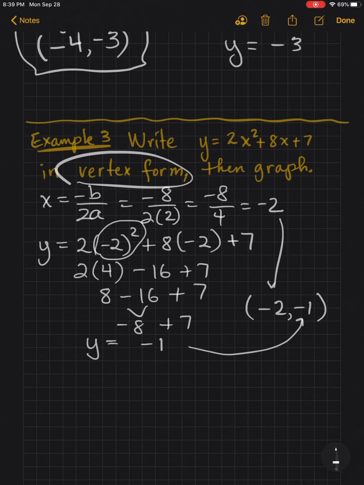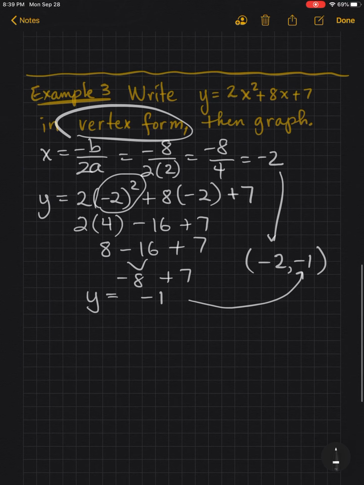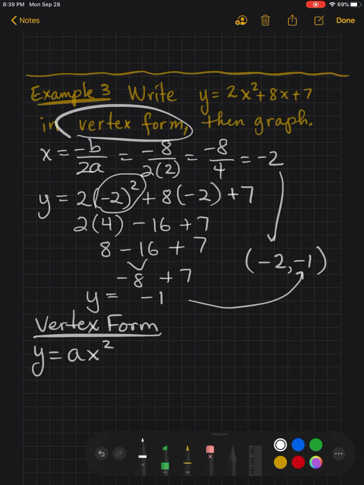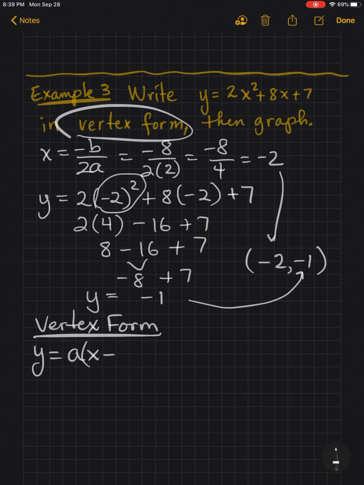Now we have to be very careful. We're going to write this in vertex form. So that would be, remember vertex form is y equals a times x minus h squared plus k, versus standard form is what you were given.